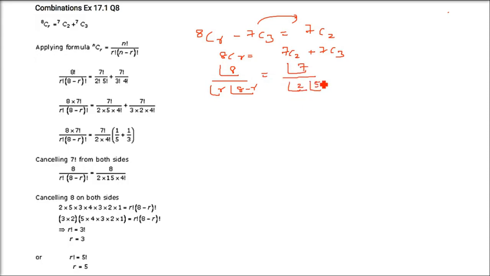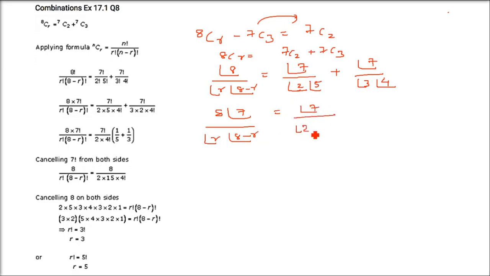That is factorial 5. Then we have this one as factorial 7 by factorial 3 factorial 7 minus 3, that is factorial 4. Now writing 8 factorial 7, and factorial R and factorial 8 minus R remain here. This is factorial 7 by factorial 2.